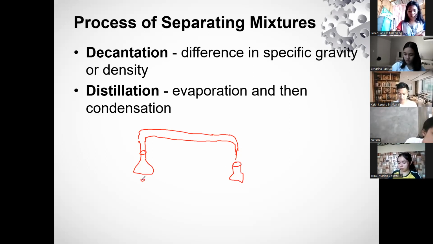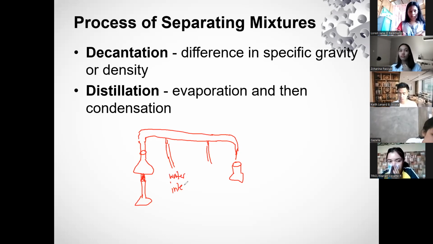And then this is connected to a Bunsen burner. So may flame ito dito. And then we have here two hoses. This is the water inlet and this is the water outlet. Okay? Syempre may mga clamps yan connected to the iron stand. But nevertheless, parang ganito lang, I'm not good in drawing, no? Parang ganito yung setup ng distillation process.